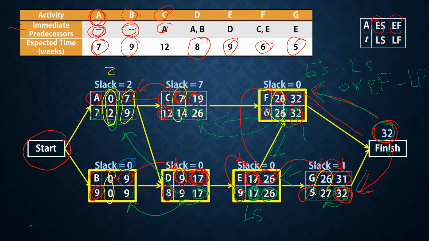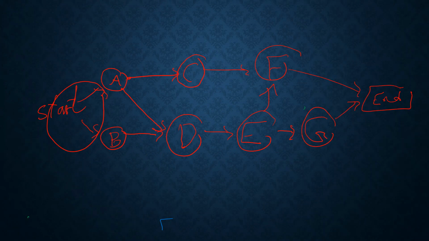So from here, B, then D, the slack as well is 0, then E and F. So we can say here our critical path is B, D, E, F.